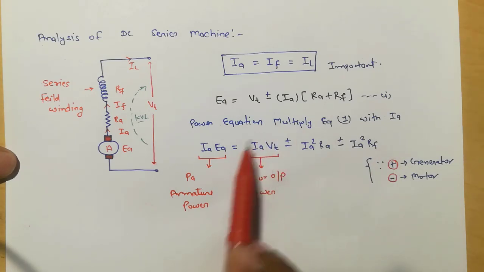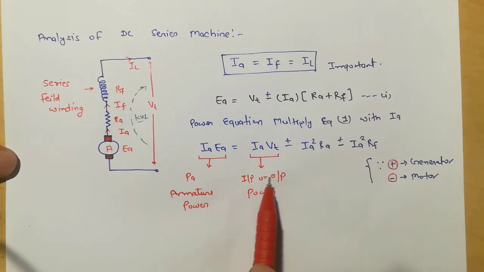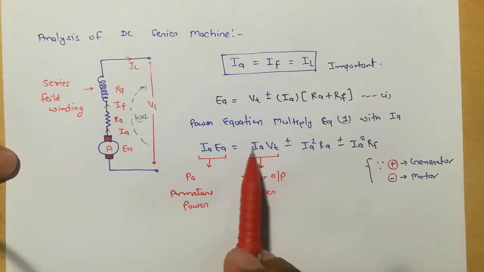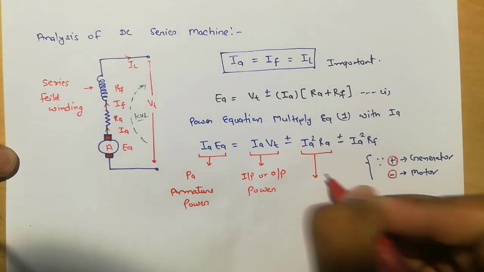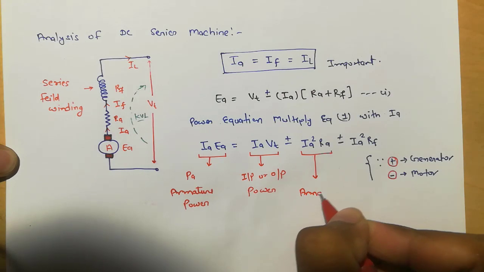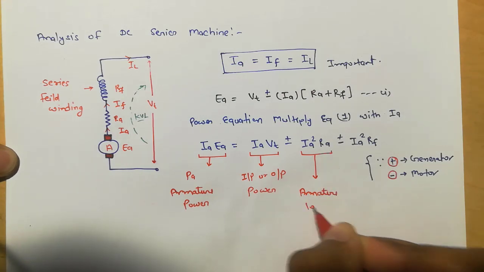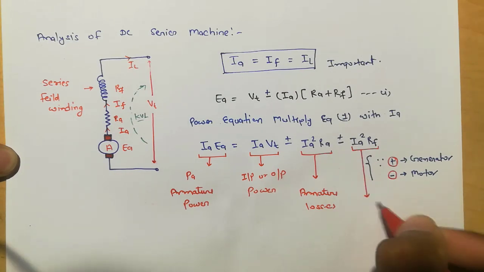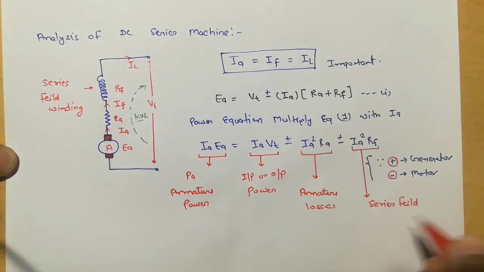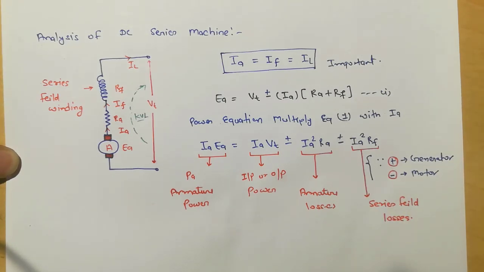In the case of generator we have an output power, and in the case of motor we have an input power. This is our armature losses. This is our field losses, the series field losses. Is it right? Now we will move on to the next part.